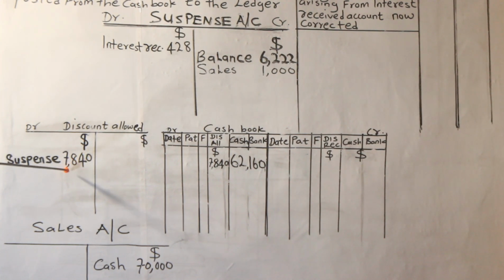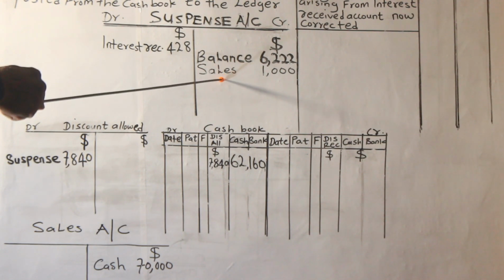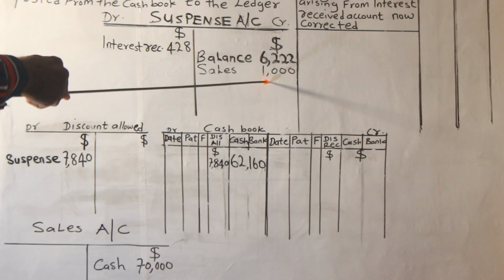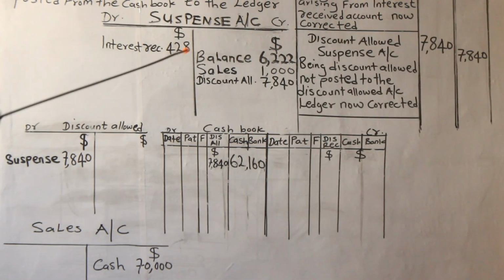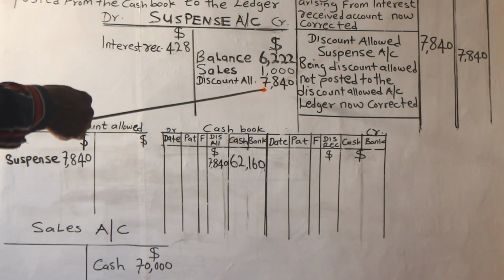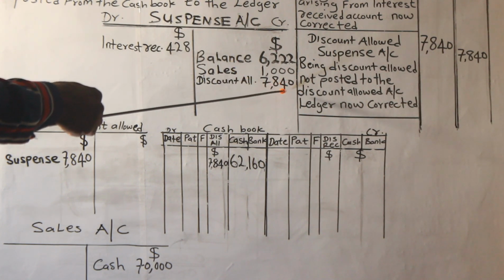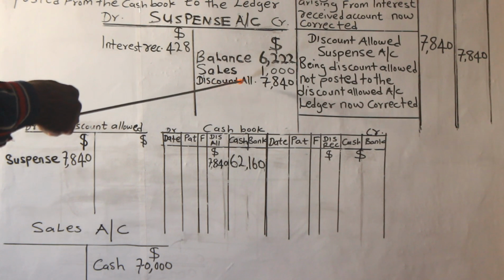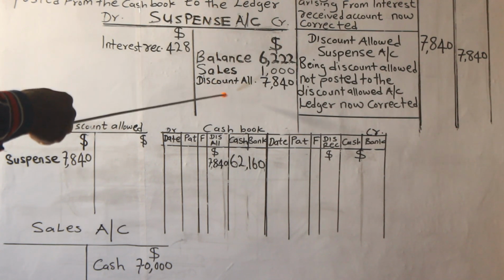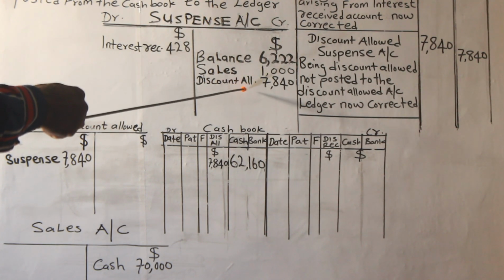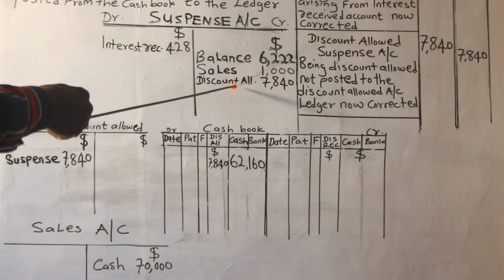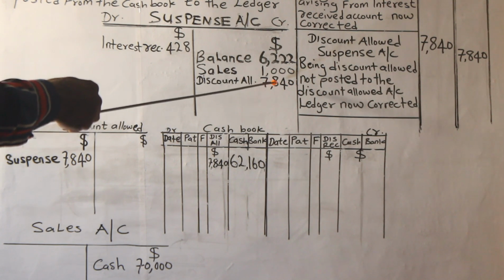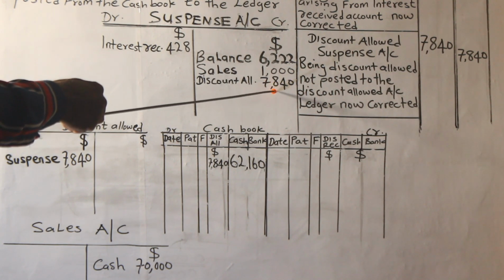By debiting the discount allowed account with 7,840 in the journal, we place discount allowed of 7,840 here before we do the journal entry. So we now credit the suspense account with 7,840 resulting from discount allowed, because this amount has led to the increase on the credit side of the trial balance.